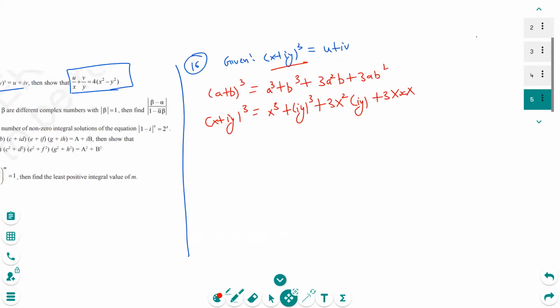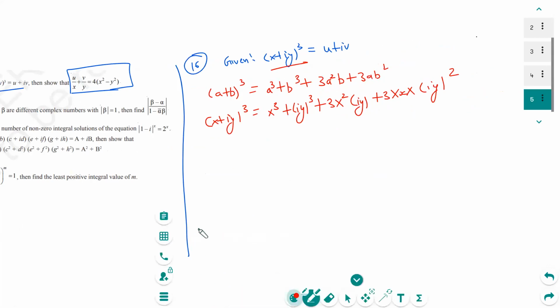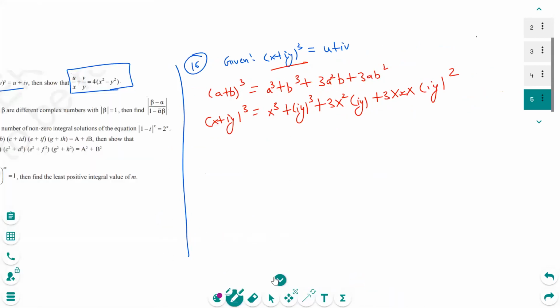B square is iota y square. So let's solve it with a different color. So we will have x cube. Iota cube is minus iota, so it is minus iota y cube, plus 3x square y iota. Yes, y cube. Now we have 3x iota square, which is minus 1 y square.